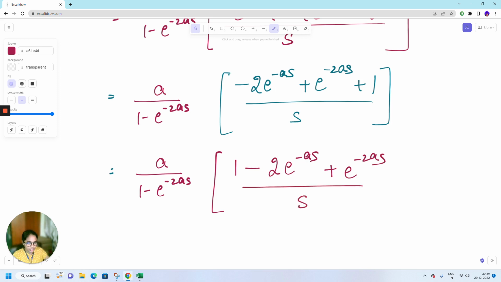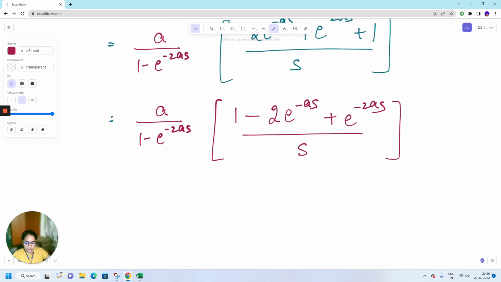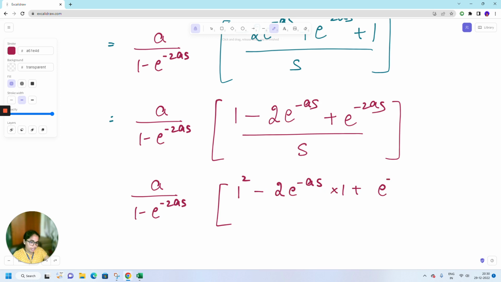So I can just write it like this. So in the next step, I'll write 1 as 1 square. Here I'll write 2 e power minus as into 1, plus this term I'll write it as e power minus as the whole square. This thing divided by s.